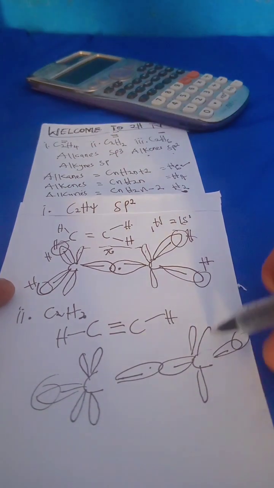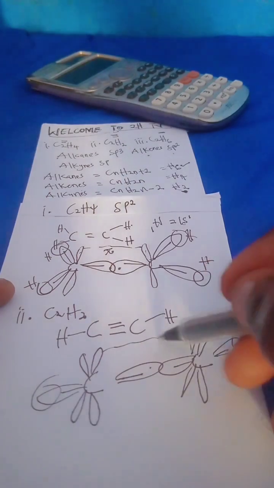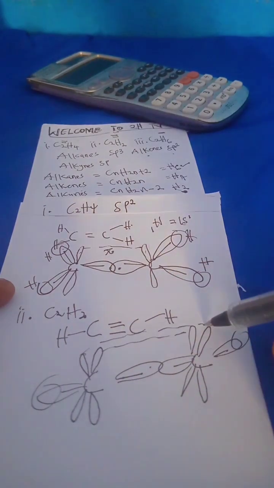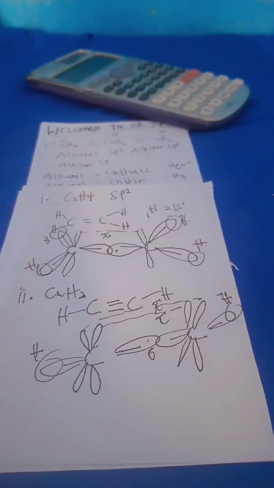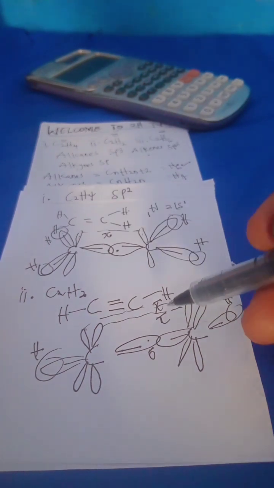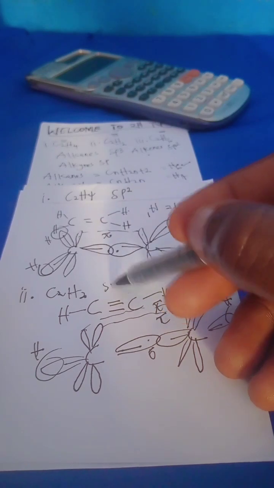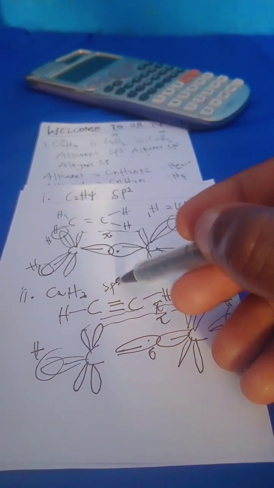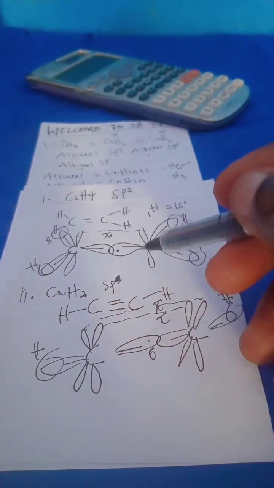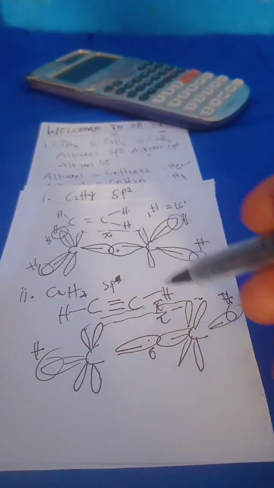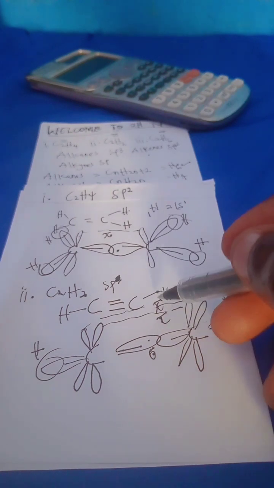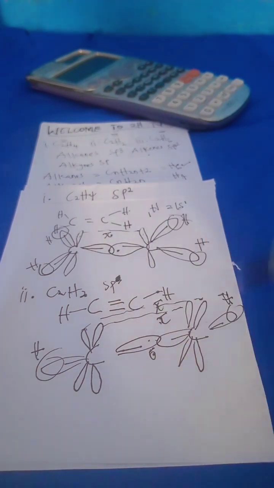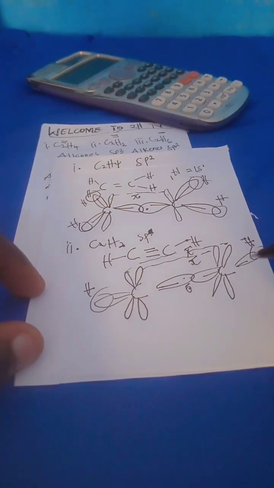This will bond with this, and the second one will bond with the second one. So we have pi, then sigma. Sorry, this one is sp hybridization. Alkynes have one sigma bond and two pi bonds, so at the end of the day we get three bonds. This is how it will look.